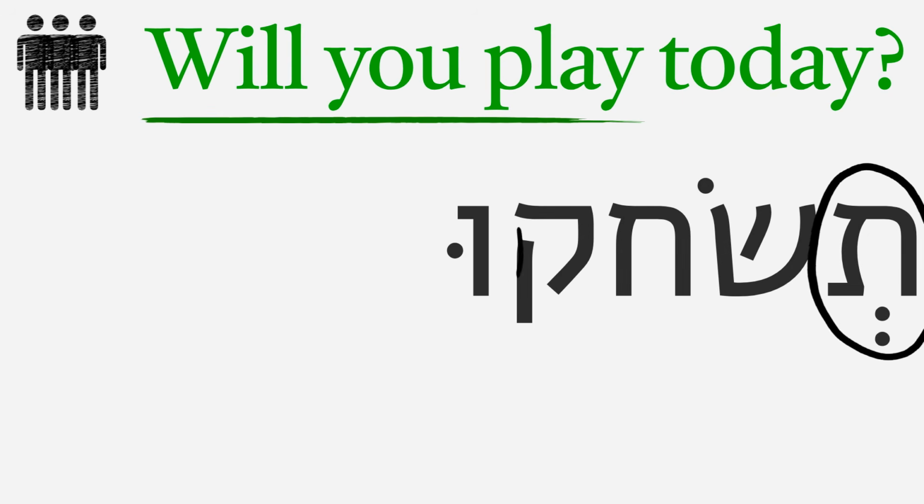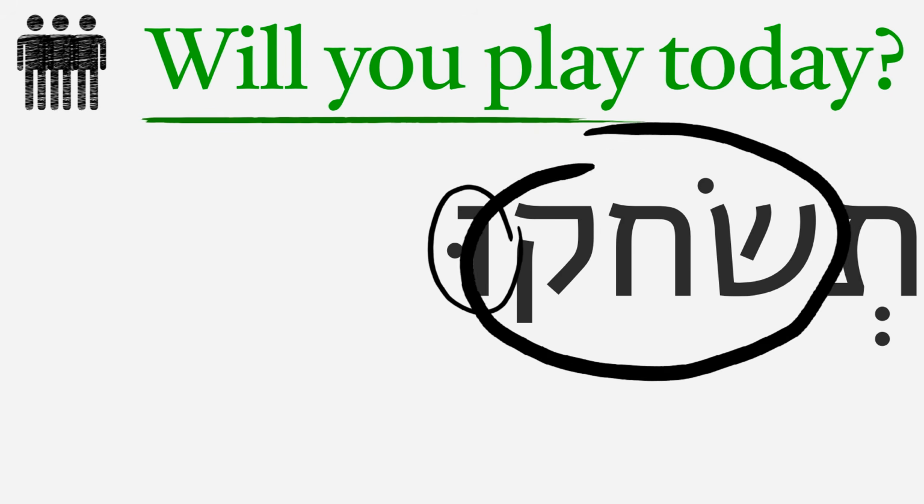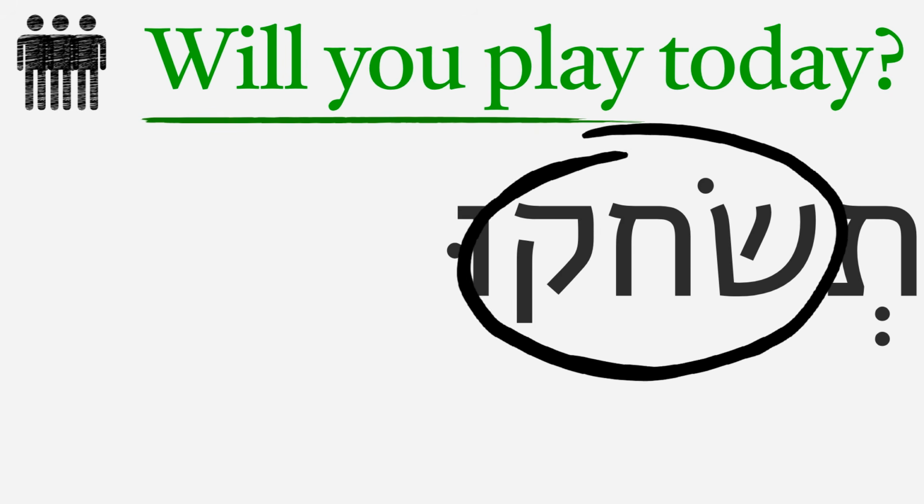Let's say, will you play today, where the you is masculine plural. Since the verb "will you play" is a future tense verb whose subject is atem, you masculine plural, we will put a tav prefix and u ending on the root letters sin, chet, kuf.